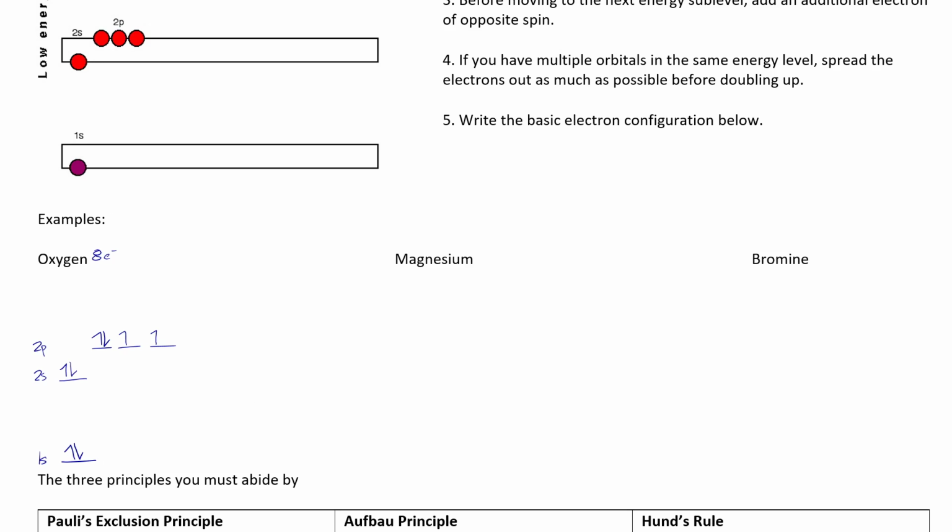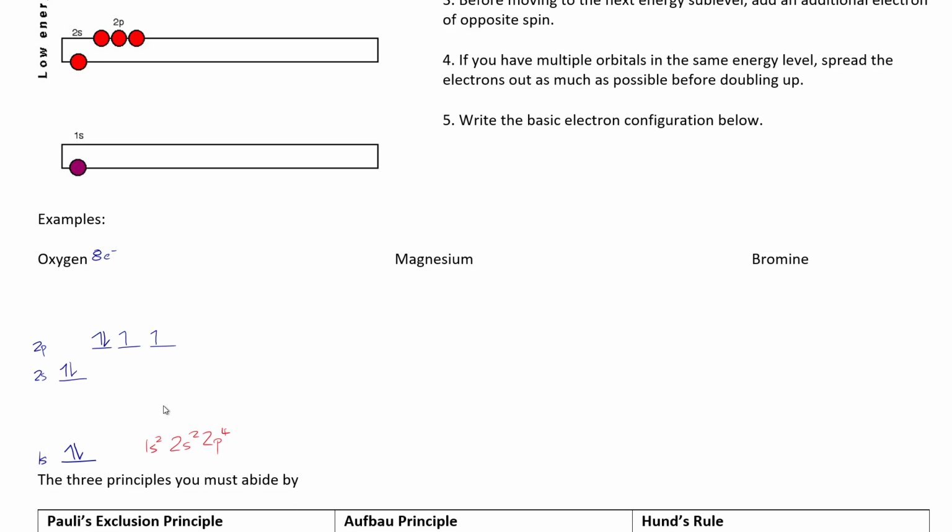for oxygen. And I can now write the electron configuration, which is as follows. 1s2, 2s2, then 2p, and in the 2p, remember I have 3 orbitals, 1 along the x, 1 along the y, 1 along the z, and I have 4 electrons there.